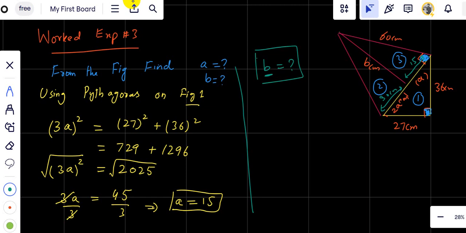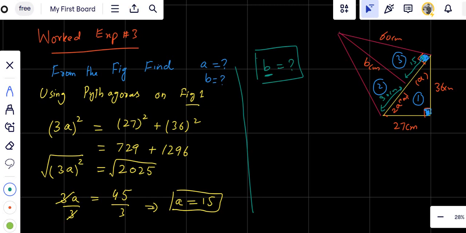3. Yes, perfect. Because if I decide to use triangle 2, I cannot apply even Pythagoras theorem here. Why not? Because I am given with this side 30, I am given with this side B, but I am not given with this side.